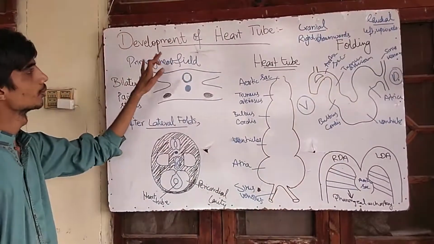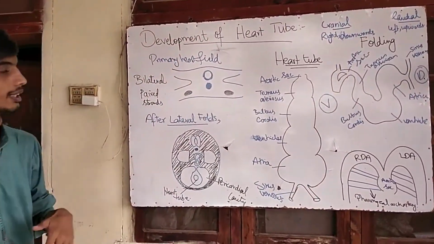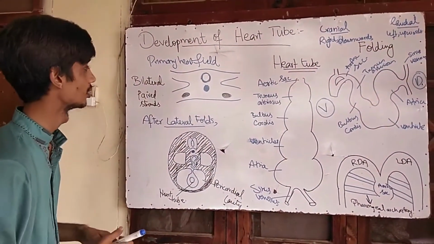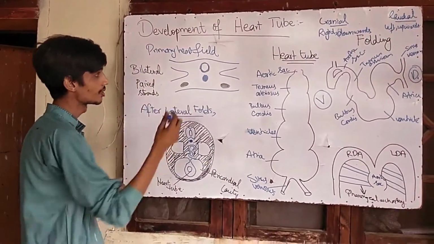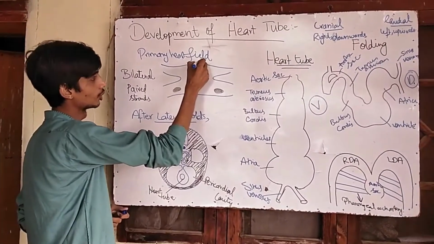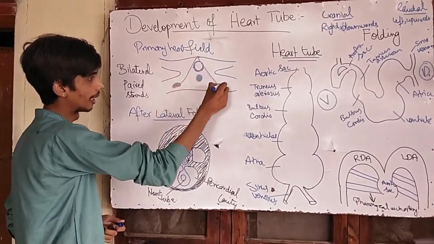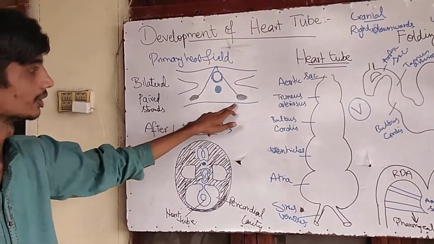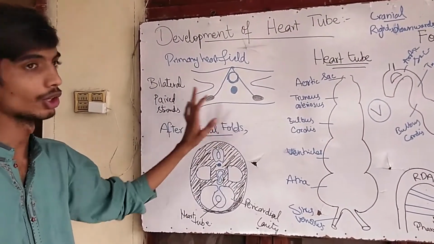Now we are going to move towards the development of the heart tube. As explained already, the primary heart tube is basically the transfer of the cells from the primitive state towards the splanchnic mesoderm bilaterally. These are the bilateral paired strands which are present on both sides.